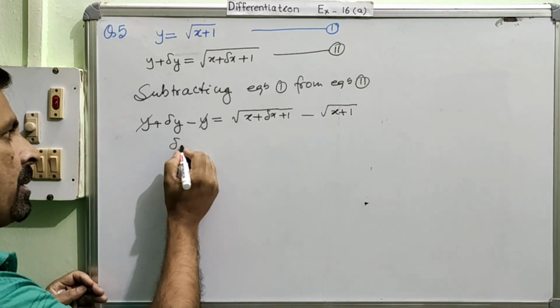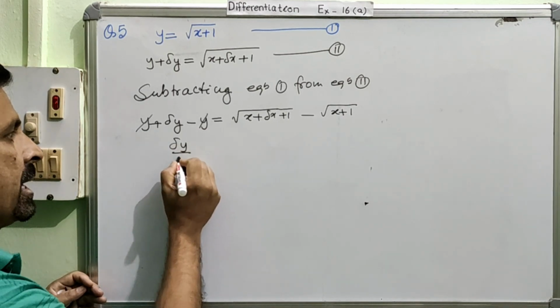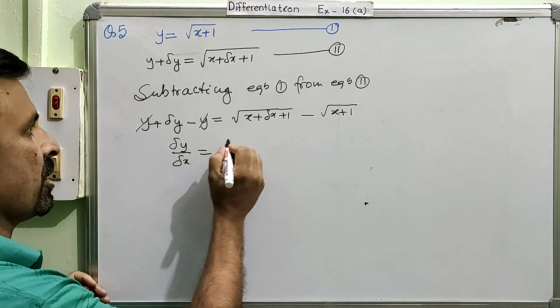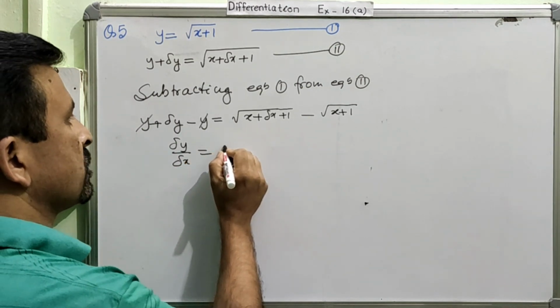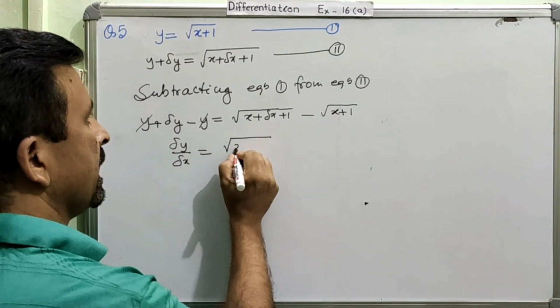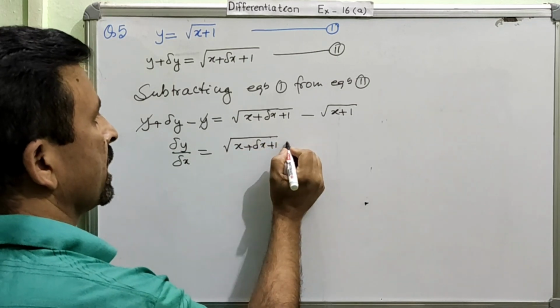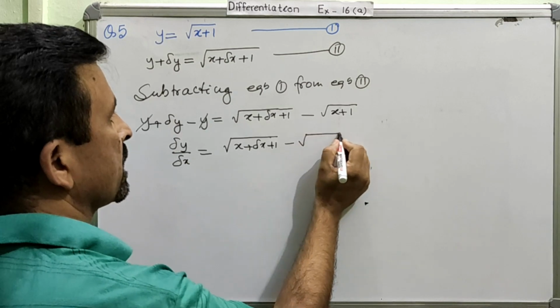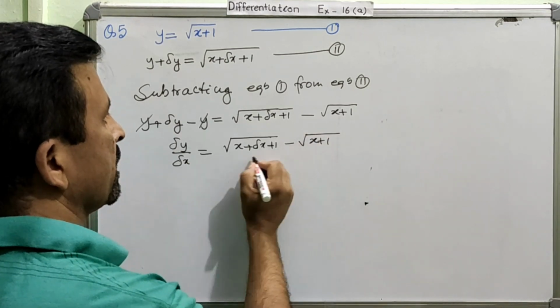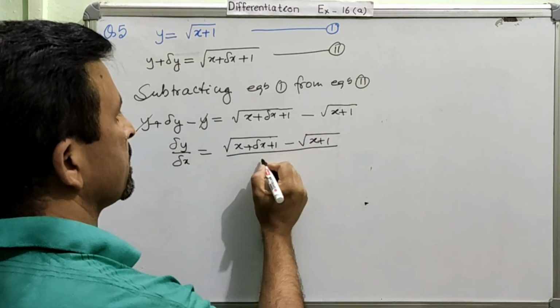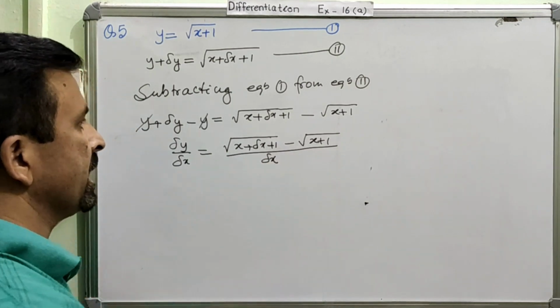We write this in the form of ratio, delta y over delta x. So this side also we will do the same thing. This is root over x plus delta x plus 1 minus root over x plus 1, and then divided by delta x. Clear?